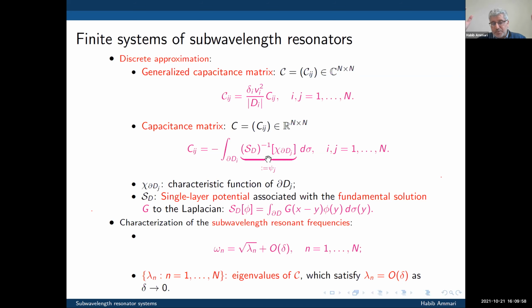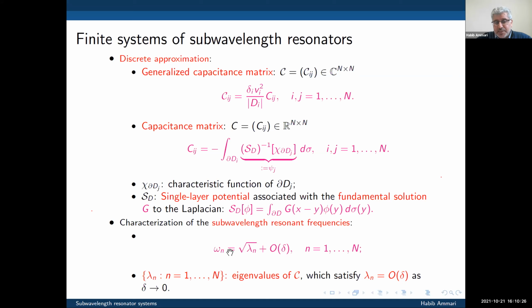We compute the eigenvalues of that matrix. We take their square roots, and these square roots of the eigenvalues of that matrix are approximately the resonant frequencies we are trying to find, up to leading order. Okay. So if the material parameters are all real, which I call the Hermitian case, then the C would be a symmetric matrix, and it has n eigenvalues.